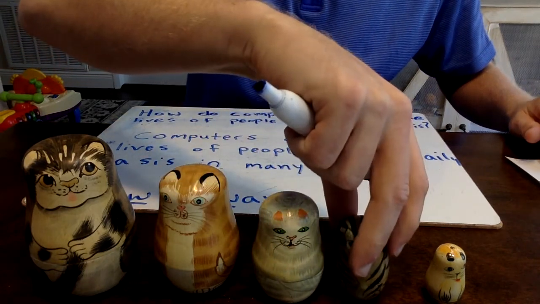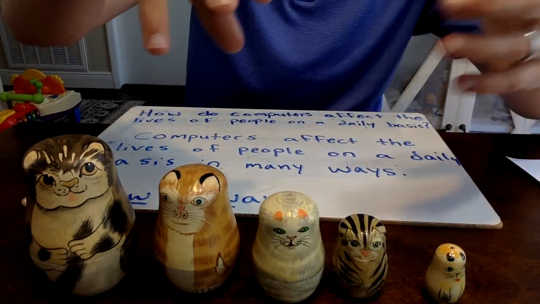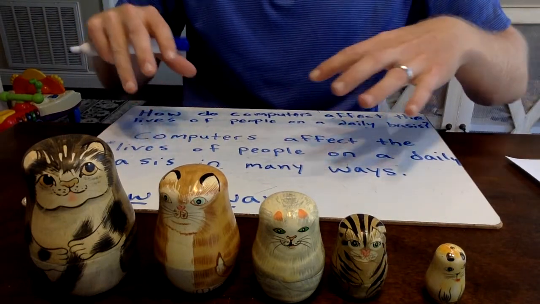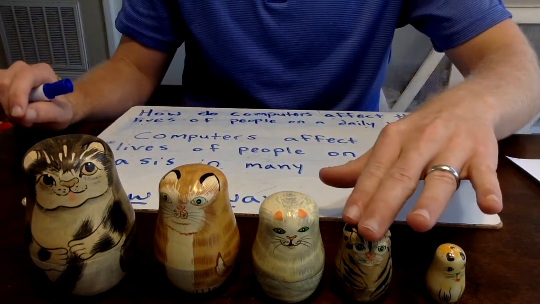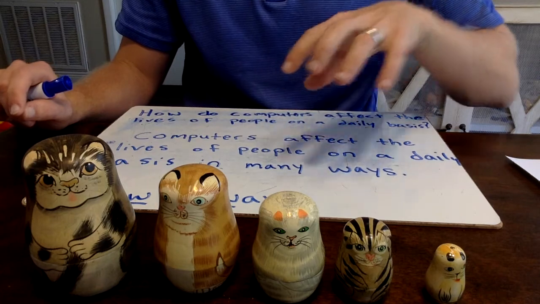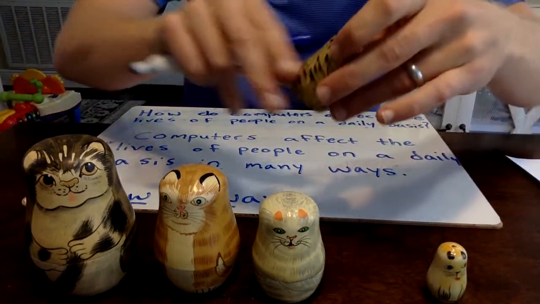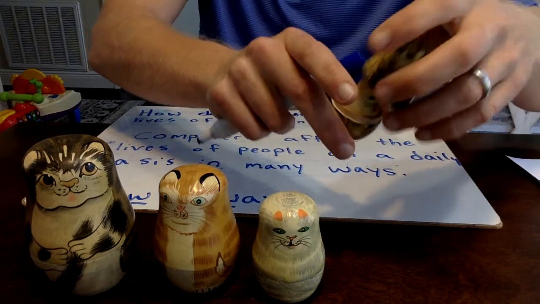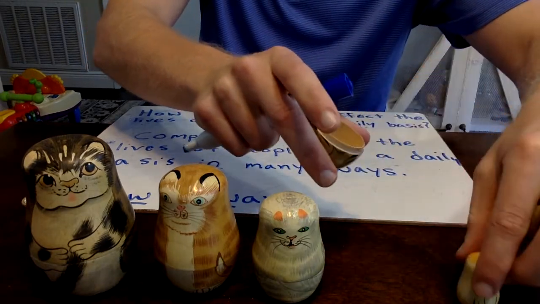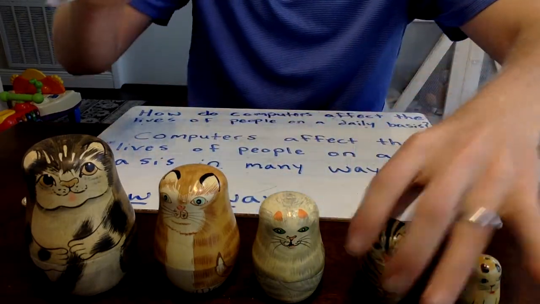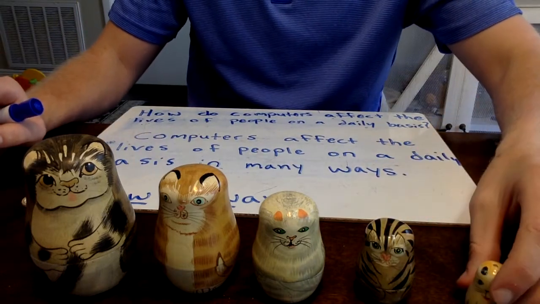This is me coming up with the question from the actual prompt. And then this is me taking the question and pulling out those things that I need to write my controlling idea.